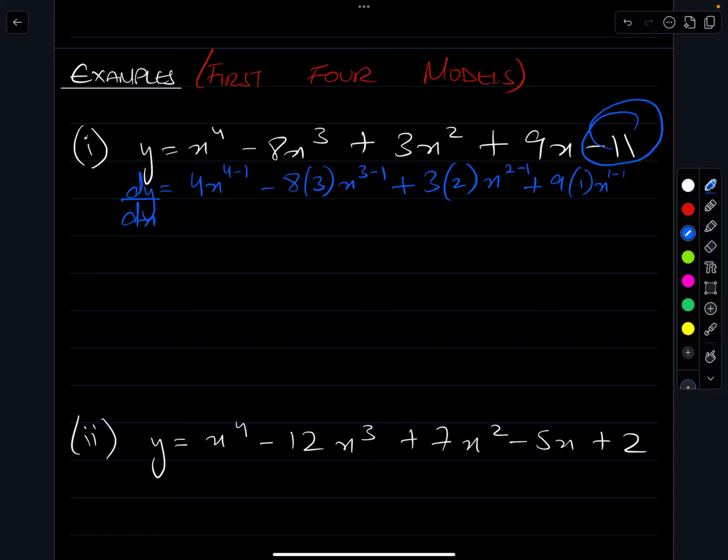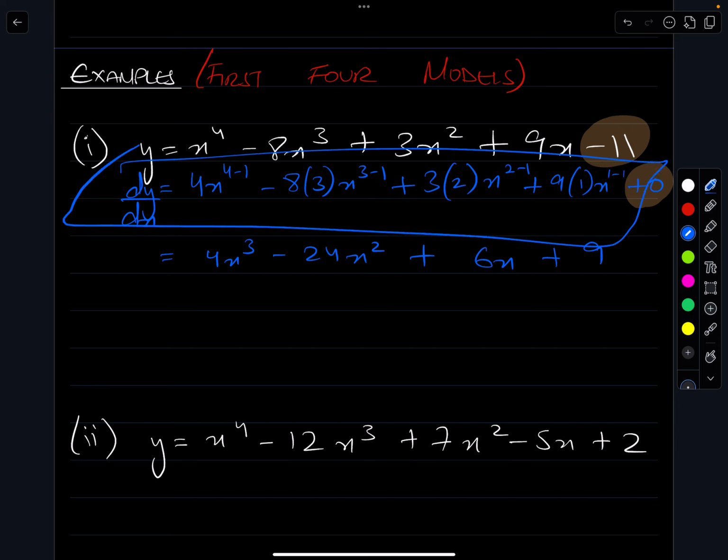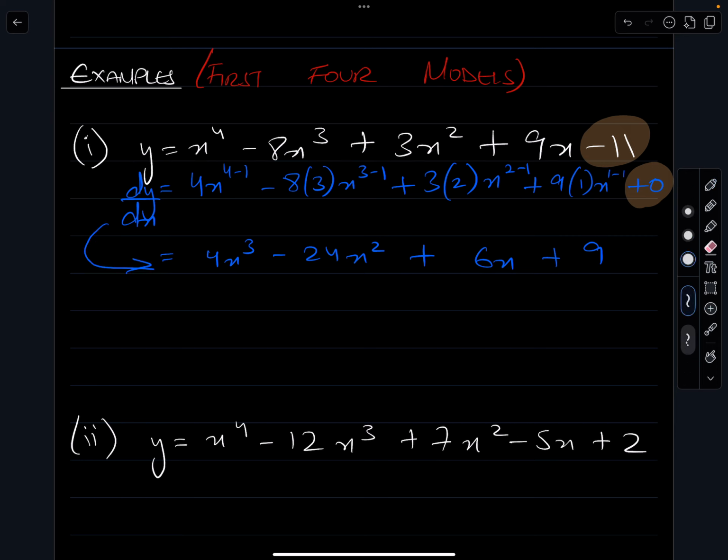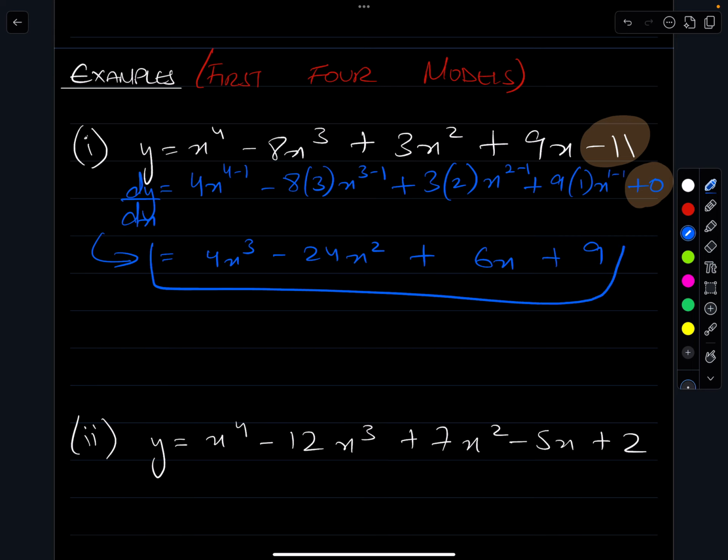And the differential of a constant is always 0. So I have 4x cubed minus 24x squared plus 6x plus 9. Just so you know, you can also skip the easy working. Do this all in your mind and simply arrive at the answer and you will get the marks.